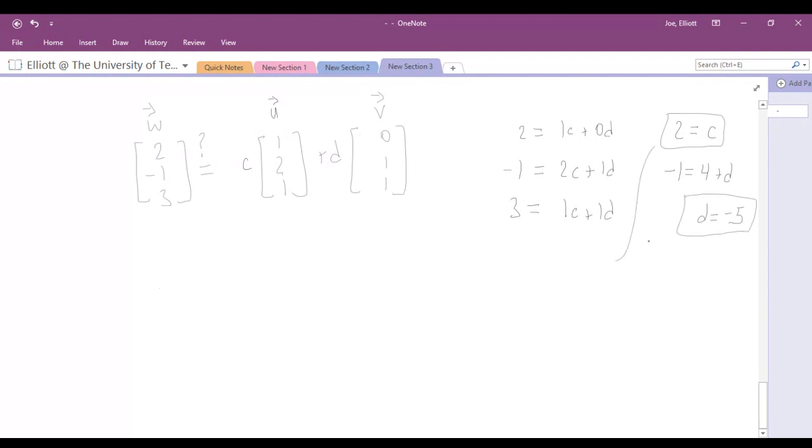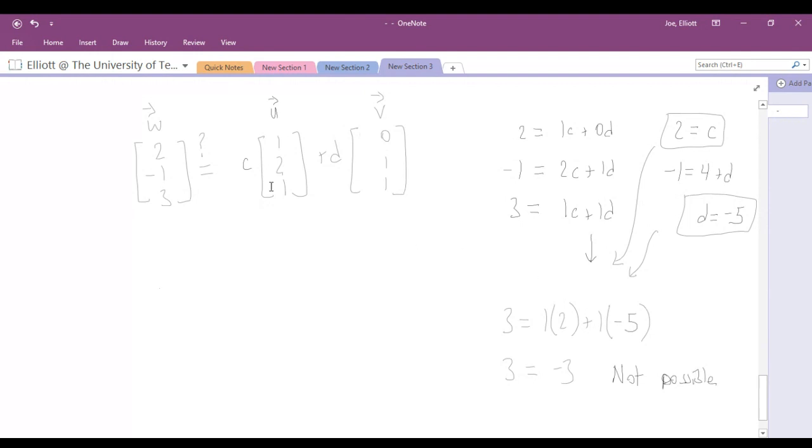But then I want to plug these into my last equation to see if they also satisfy it. So if I do 1 times C plus 1D, which was -5, I get 3 equals -3, which is not correct, not possible. Okay.